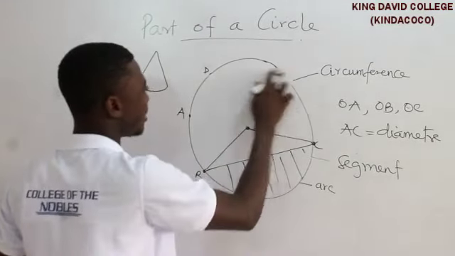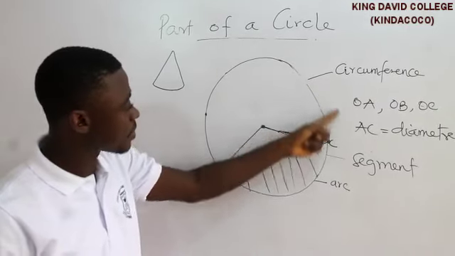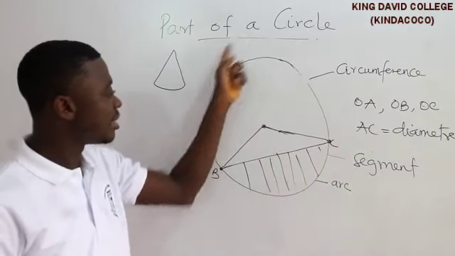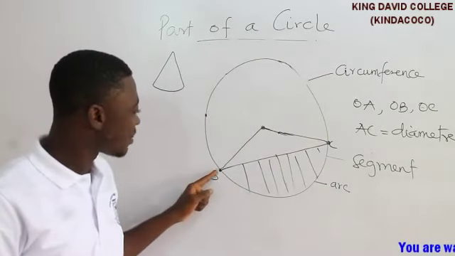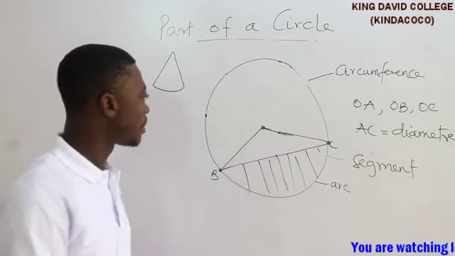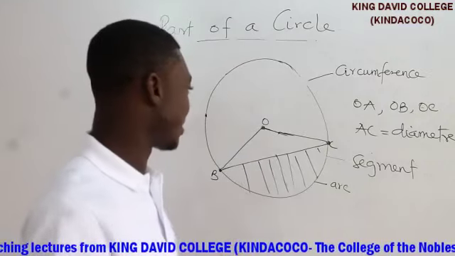You could agree with me that if an arc is any part of the circumference, then from B up to C is also an arc because it's also part of the circumference. And then from here to O, the center, and from this place to here. So this shape up here is also a sector.